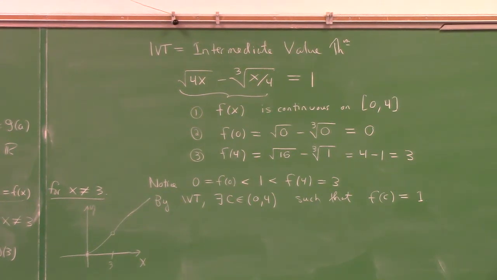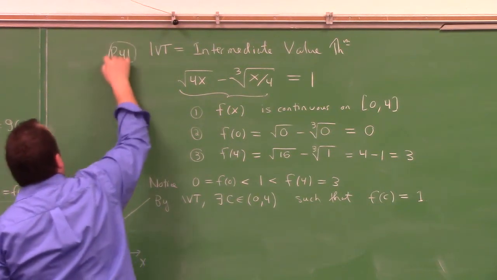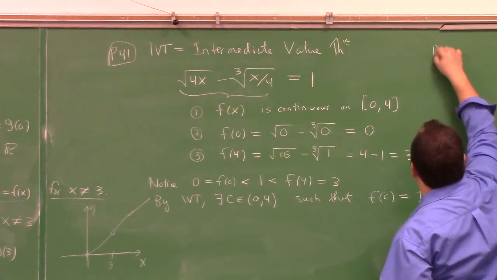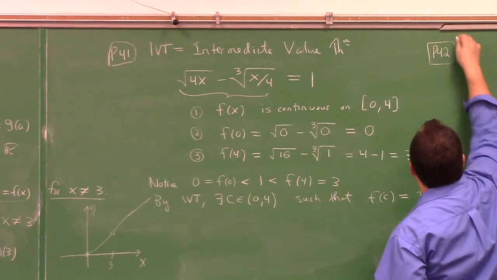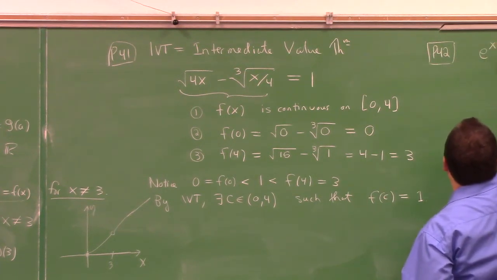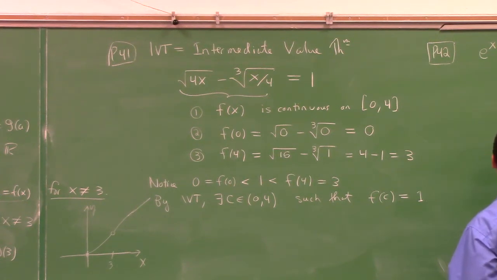How about problem 42? Let's talk about problem 42. It's a little bit different, isn't it? There we're supposed to solve e to the x equals x to the 4th for x greater than 0.